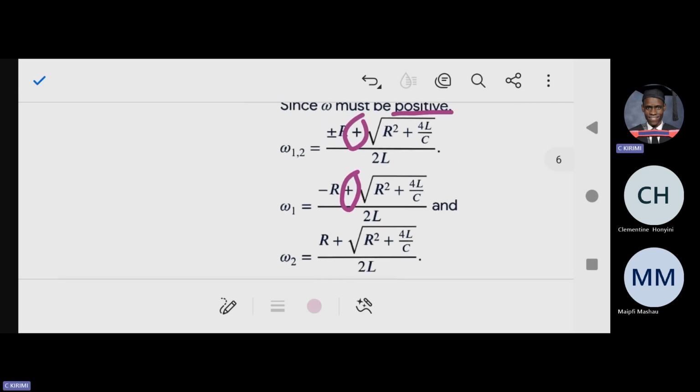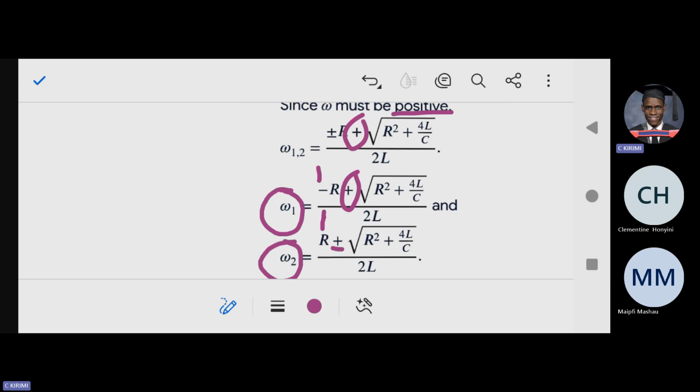So here, it's obvious it must be positive. If they ask what the two roots are, the two roots for omega 1 and omega 2, one has a positive here and the other has a negative. That is different from a general quadratic, where the first term is different.